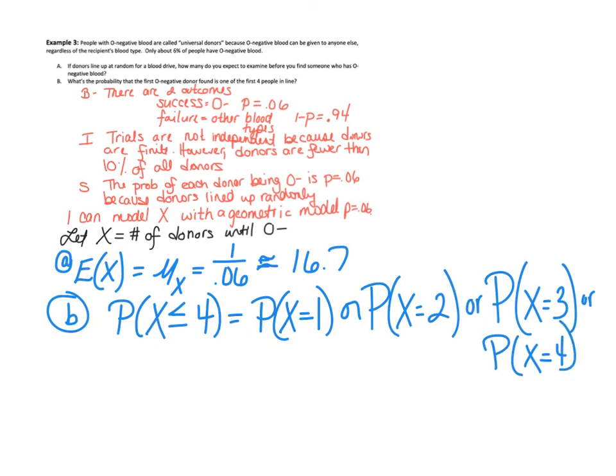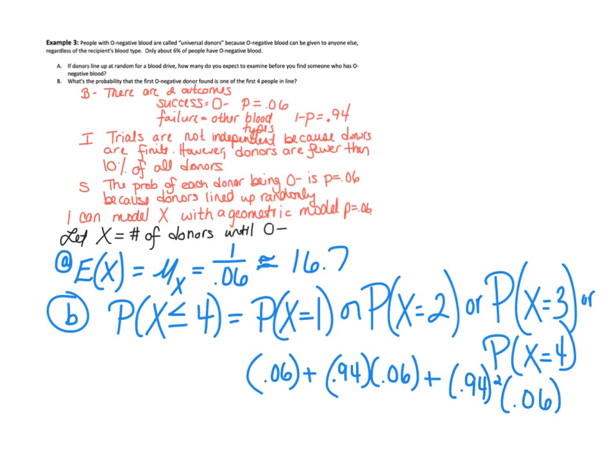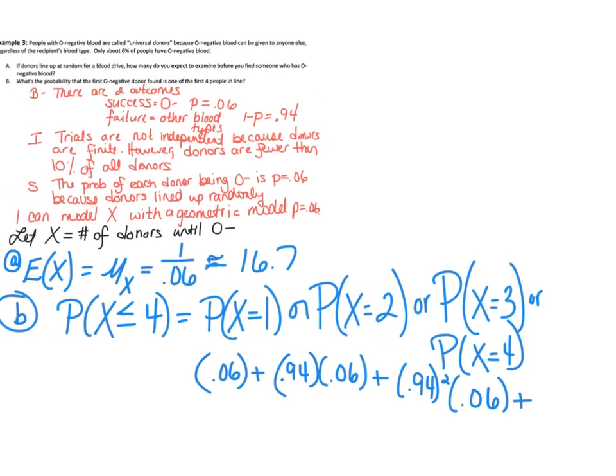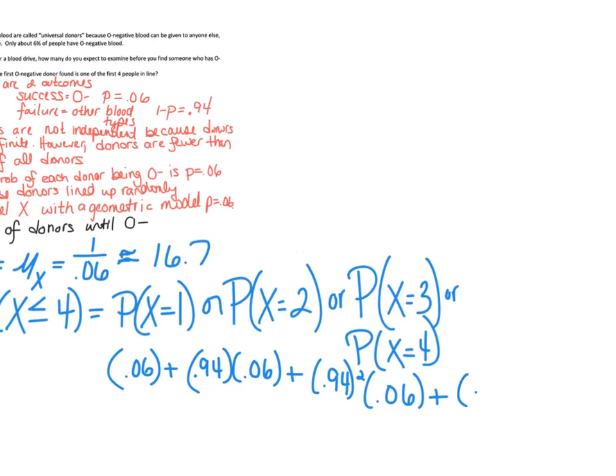If you're calculating this by hand, the chance it happens on the first try is 0.06. Plus, what about if it happens on the second? Well, that means it didn't happen on the first, but it did happen on the second. Plus, what if it happens on the third? That would be not on the first two, so 0.94 squared, but a success on the third, plus on the fourth, 0.94 to the third times 0.06.